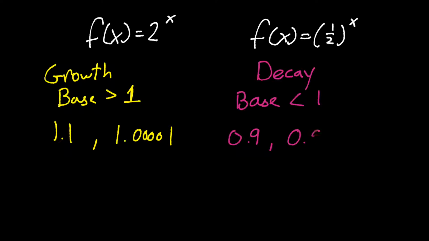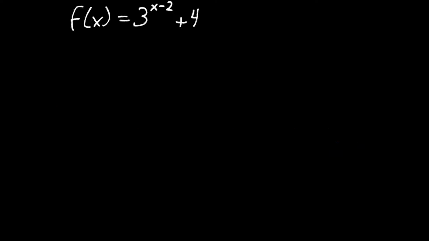It could be 0.99999 continuing. As long as it is smaller than 1, it is going to model a decay function and get smaller and smaller over time. And those are the two main things you have to look at for deciding if it's in growth or decay. Look at your base for the exponent and decide, is it bigger than 1 or is it smaller than 1? There you go. Now, let's put this to use.